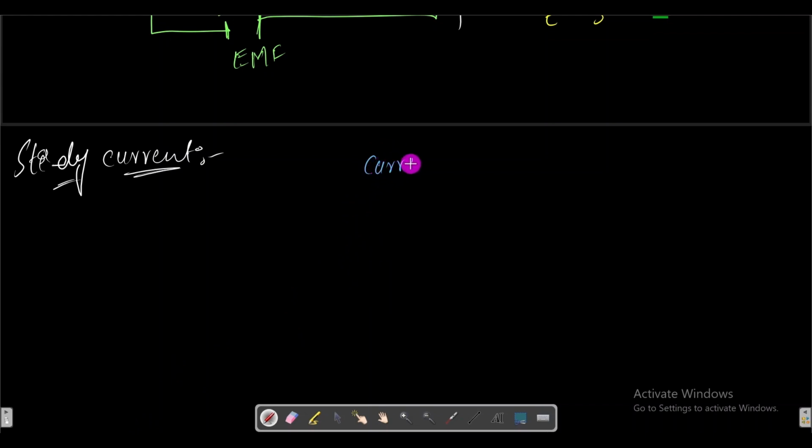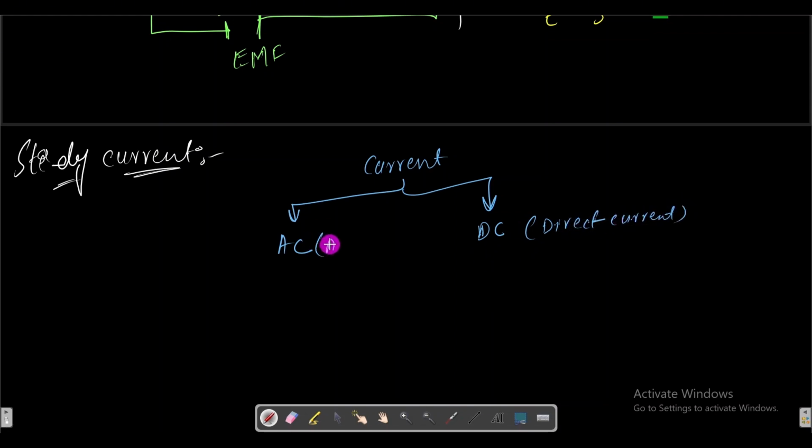The current may be AC, alternating current, and it may be DC, direct current. AC has varying magnitude and direction.